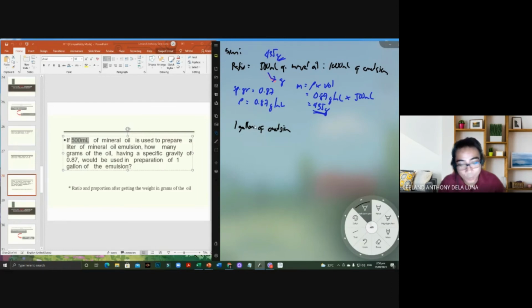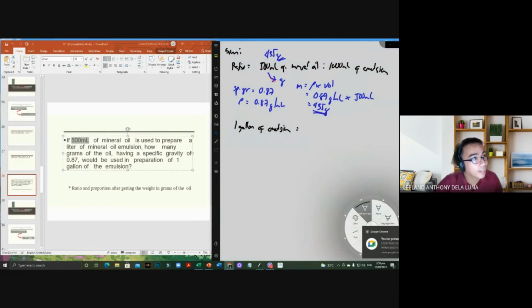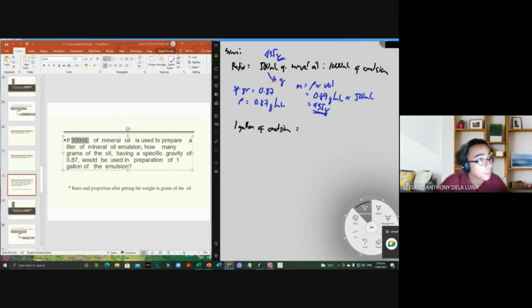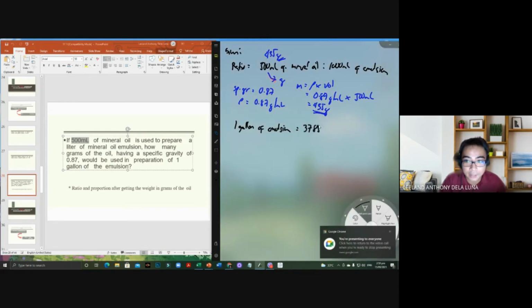And 1 gallon is equivalent to how many ml? 3785, tama ba ako? Okay, let me check. Tama ako eh. So sabi natin class, 1 gallon of emulsion is equivalent to 3,785 ml. Correct?